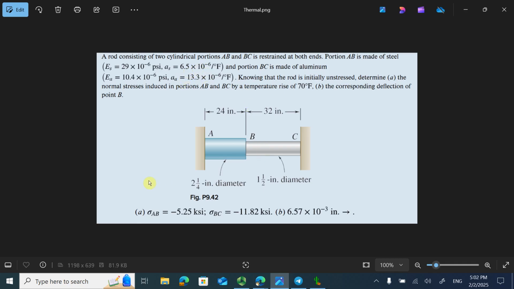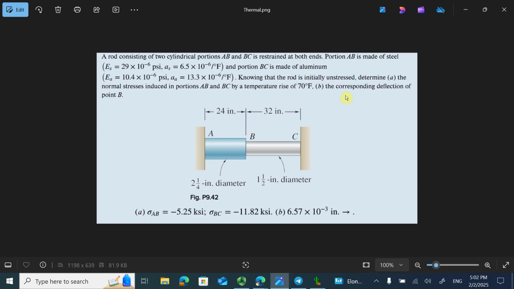The segment AB, or the steel part, has a circular section with a diameter of 2.14. The right side is aluminum, diameter is 1.5 inches.